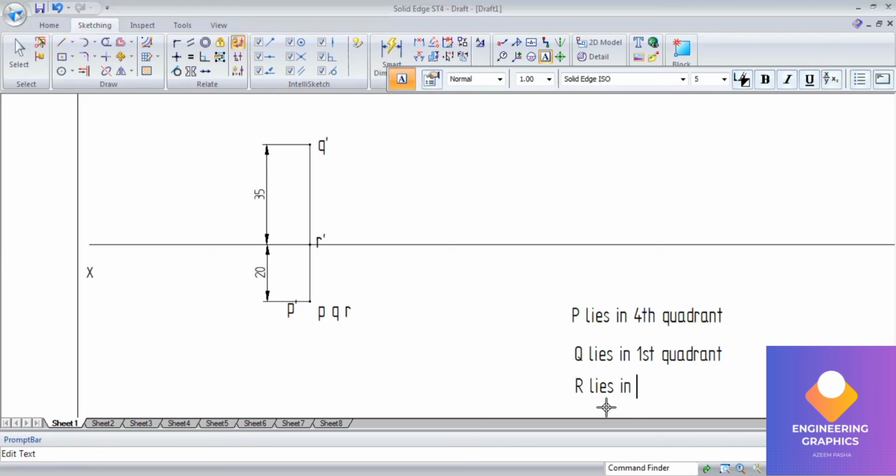Point R lies in either third quadrant or fourth quadrant. There are two chances here because it is resting on the HP plane.